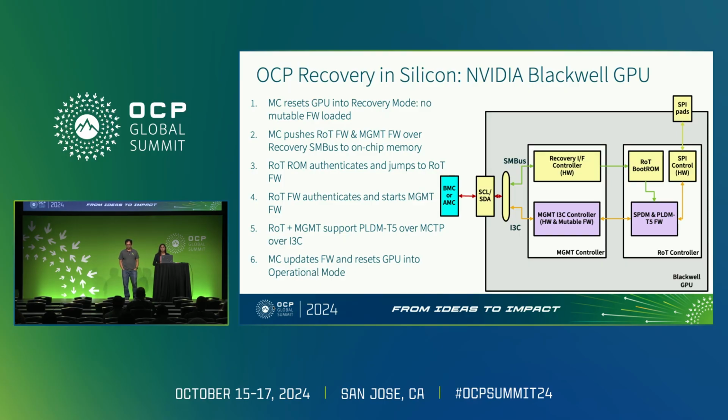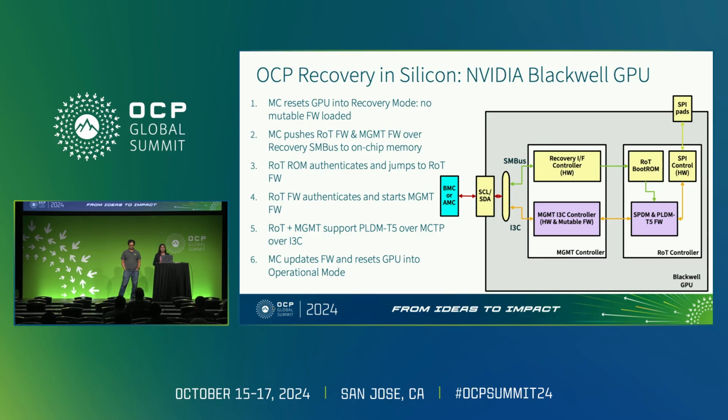The MC will then push the root of trust firmware as well as the management firmware over SMBus. The root of trust immutable ROM will authenticate this root of trust firmware and kickstart the execution. In turn, the root of trust firmware can then authenticate the management firmware and kickstart the execution of that.